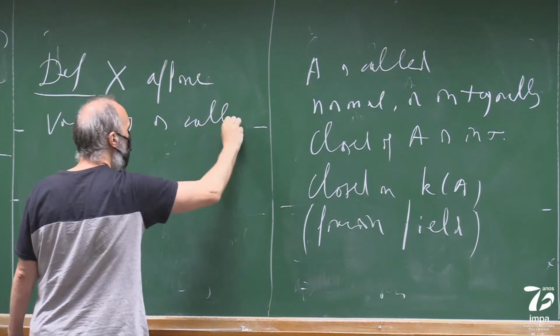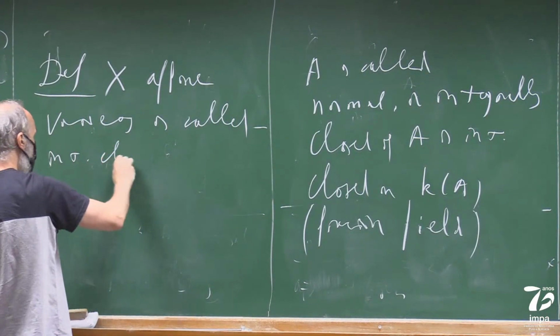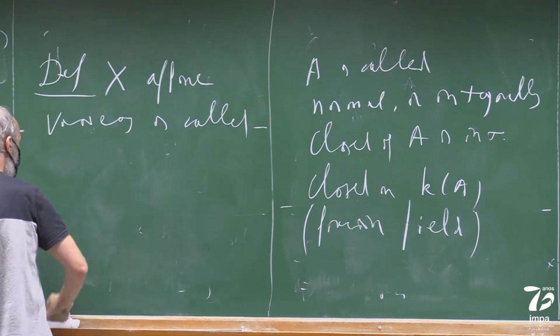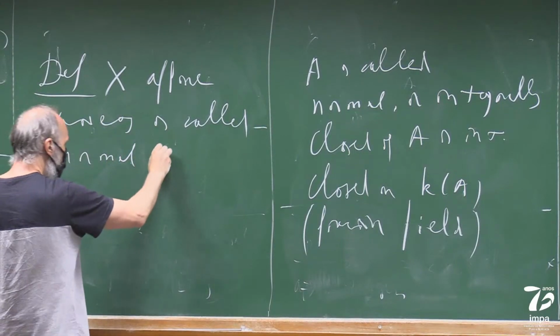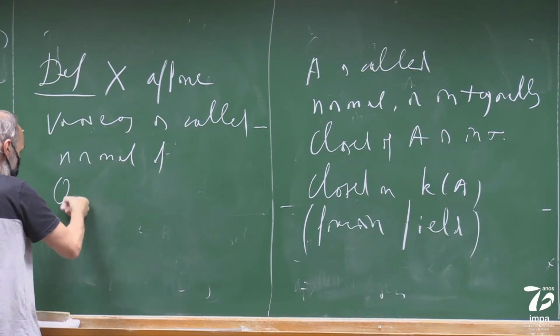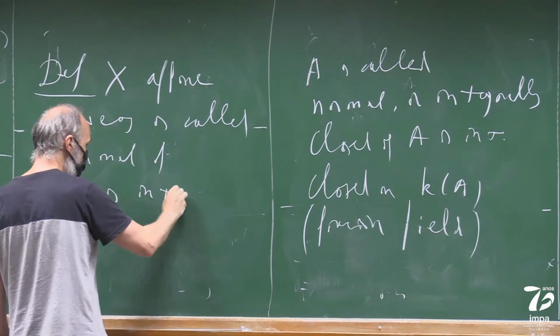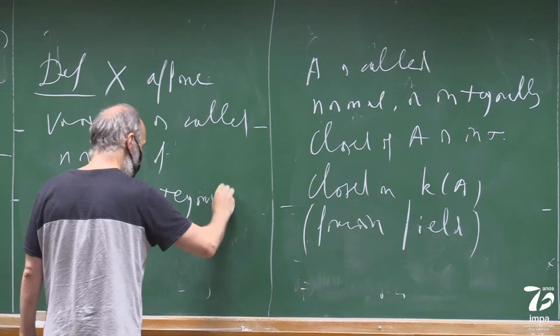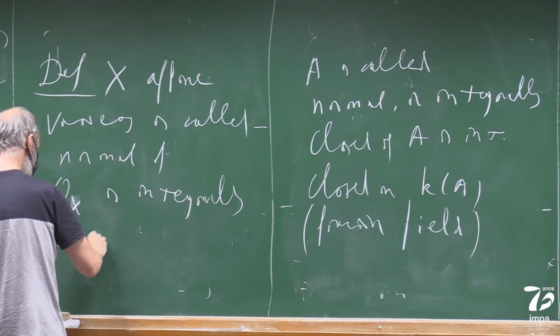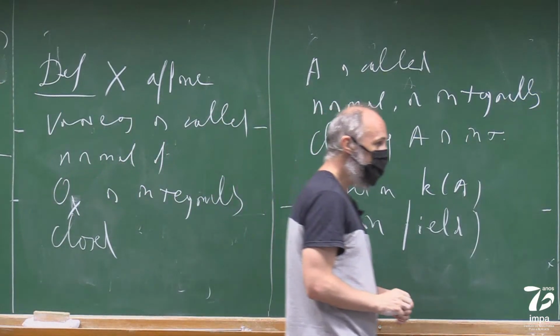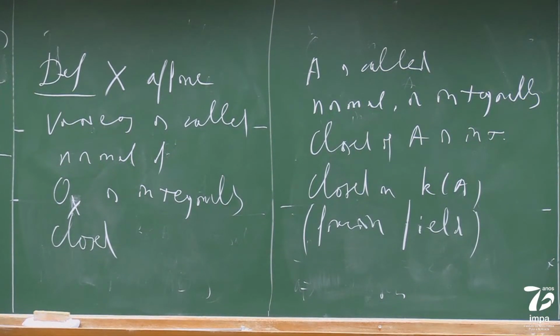It is called integrally closed or normal if its ring of regular functions is integrally closed, or normal. Okay. So equivalently, remark.